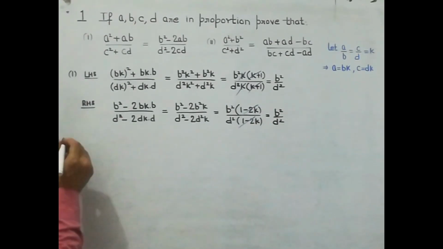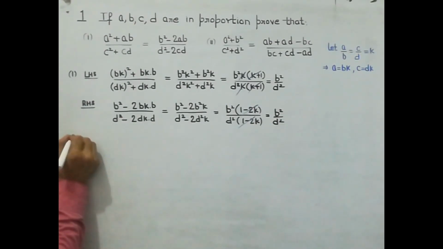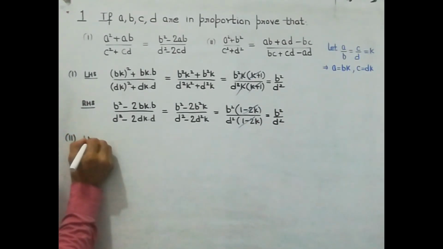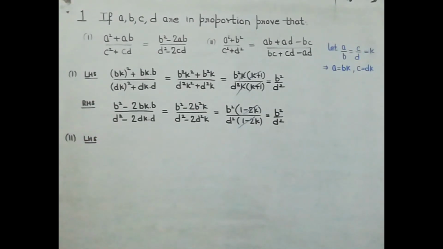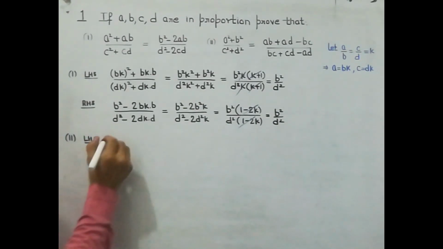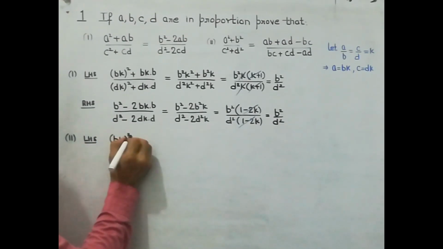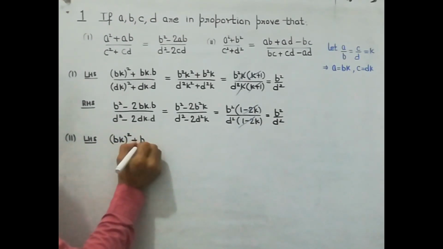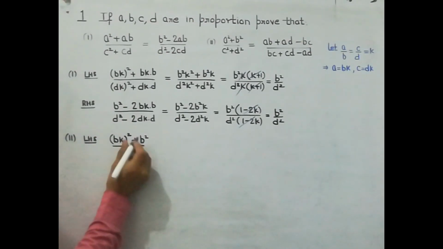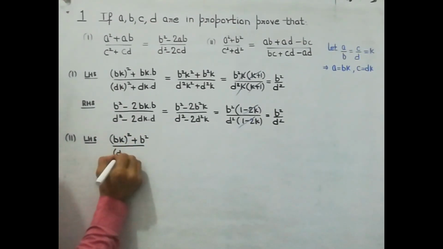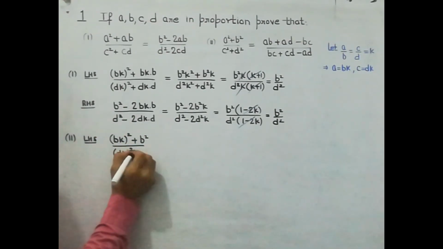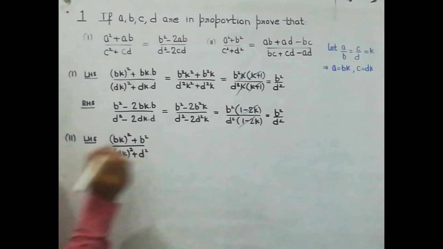Now let's see the second one. The same substitutions are to be done in the second part also. First of all, starting with the left side, A square will be replaced by BK, so square of it, plus B square upon C square, where C will be replaced by DK, so D square, like this.